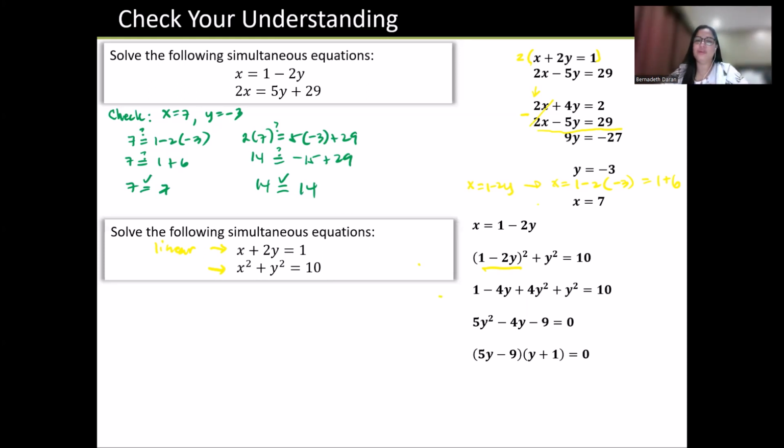Or if you really cannot remember those methods or strategies, you can always use the quadratic formula, right? Again, the quadratic formula is in terms of x, in this case y.